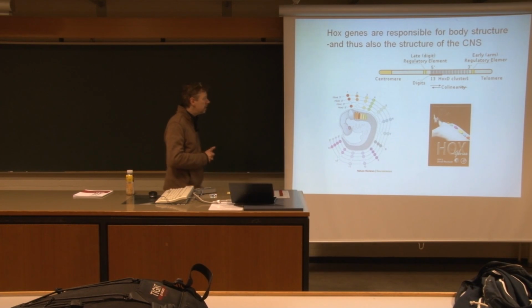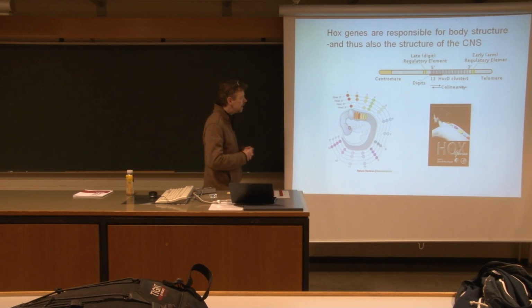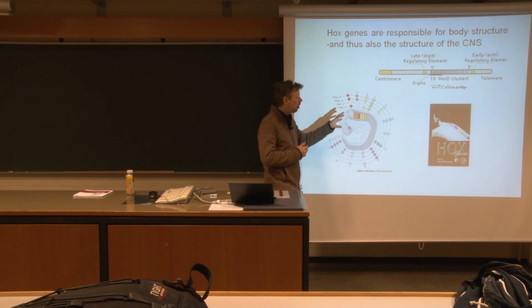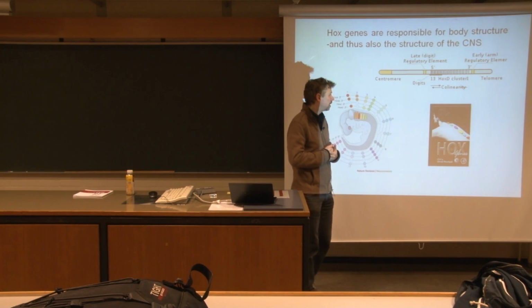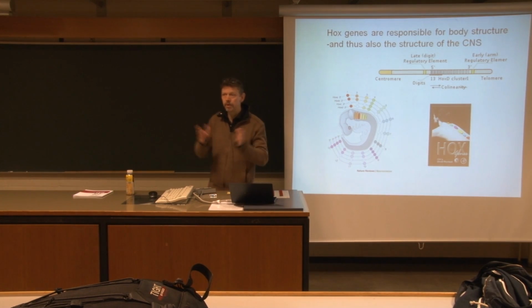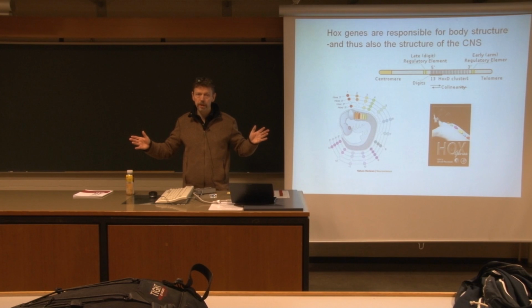So a little bit about the genes which are controlling this. And again, this is somewhat fascinating because it turns out that there are some so-called homeobox genes which are basically coding the structure of the nervous system or the structure of the whole body.